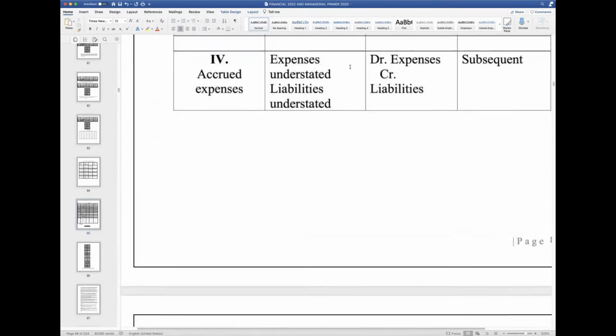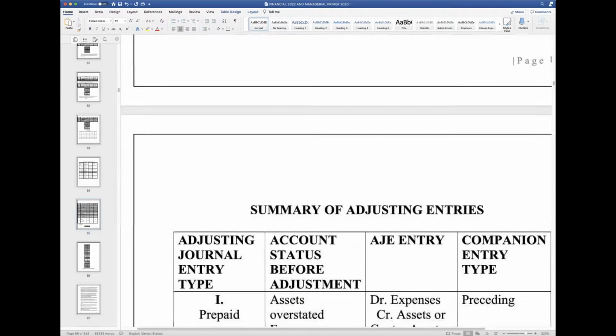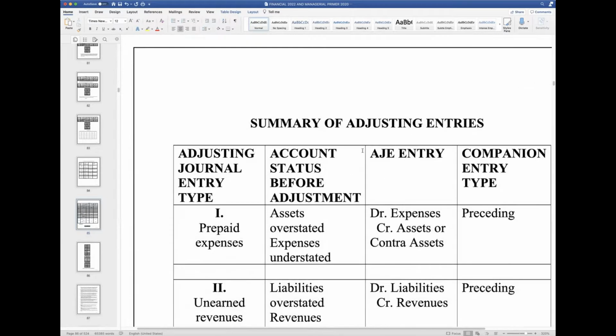So for the prepaid expenses, the assets are overstated and the expenses are understated. You're going to debit an expense account and credit assets or contra assets like accumulated depreciation. And there's always a preceding entry prior to making this.